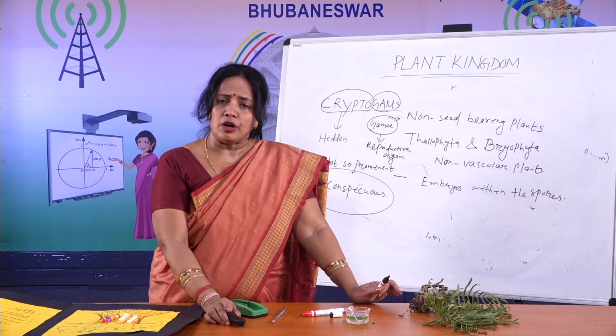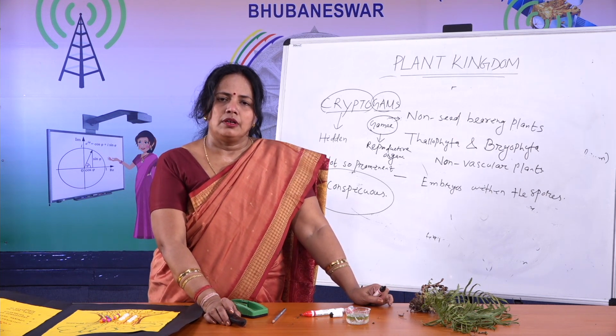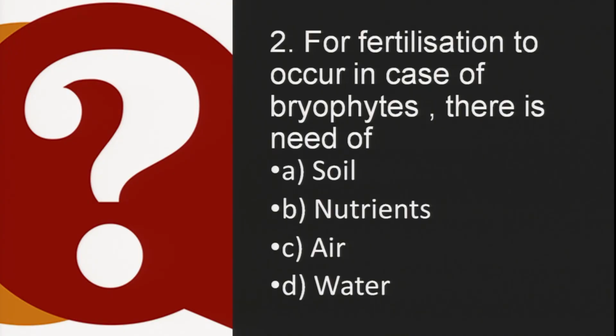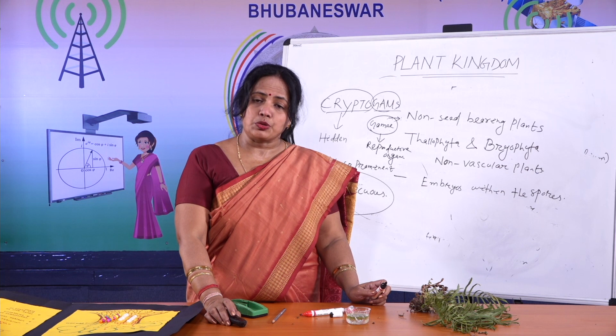Now, moving on to the next question. Please listen carefully. For fertilization to occur in case of bryophytes, there is need of, options are soil, nutrients, air, water. Yes, the answer is water. Now, the next question.